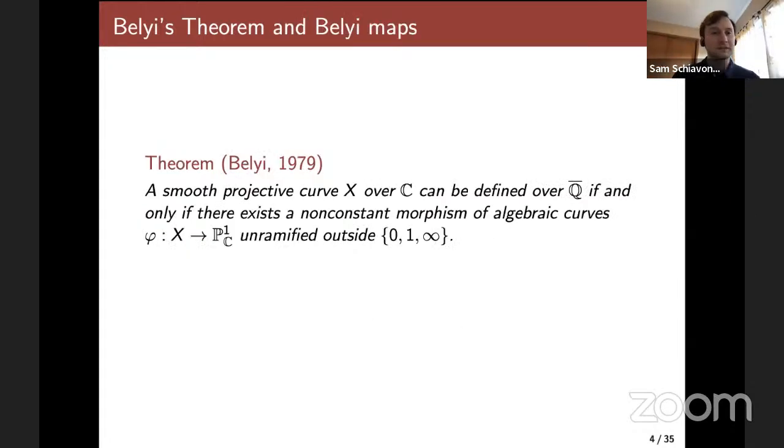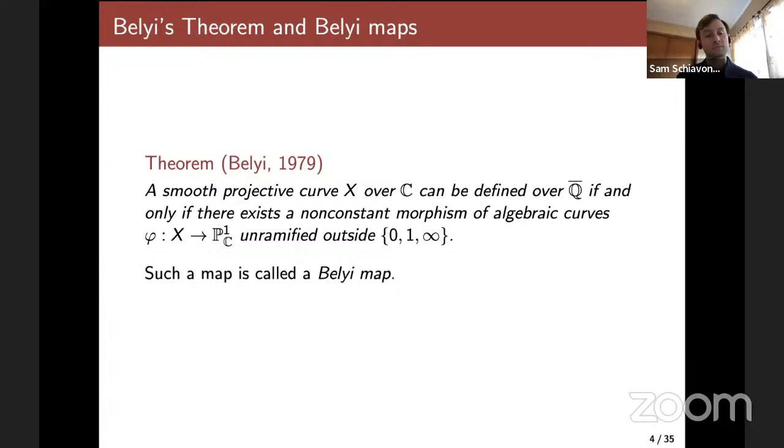As Anand mentioned in his talk, Belyi gave a wonderful criterion for when this is the case. Let me briefly state his theorem again. A smooth projective curve X over C can be defined over Q bar if and only if there exists a non-constant morphism of algebraic curves phi from X to P1, unramified outside 0, 1, and infinity.